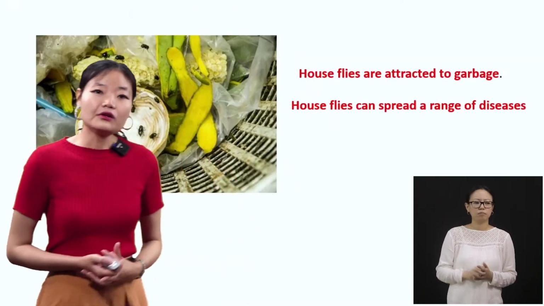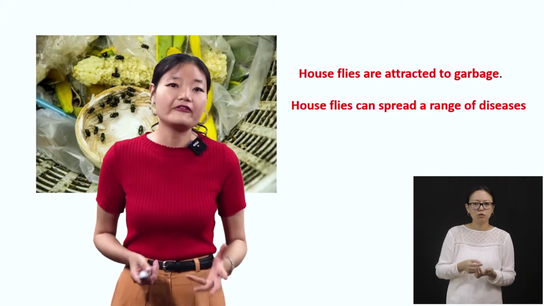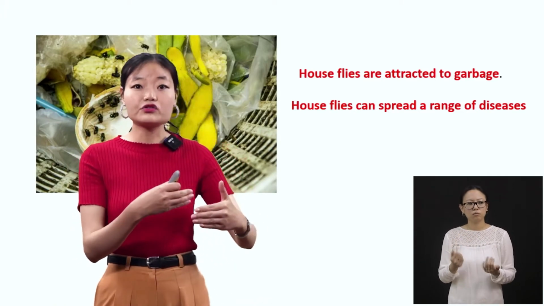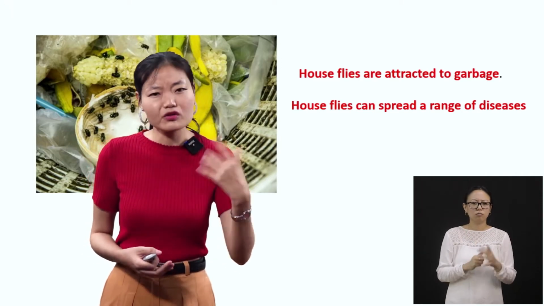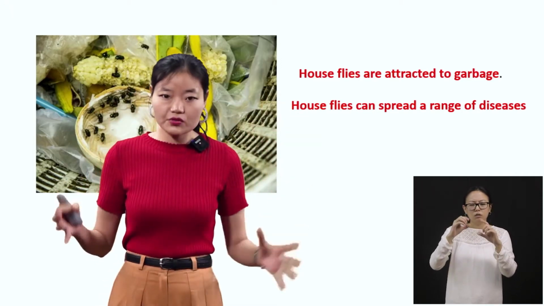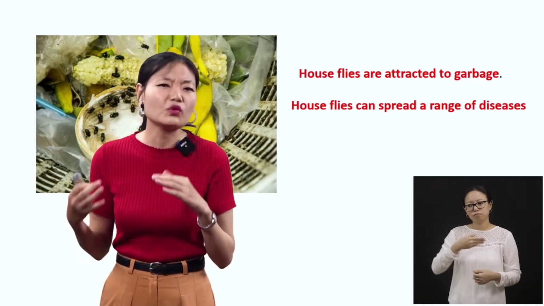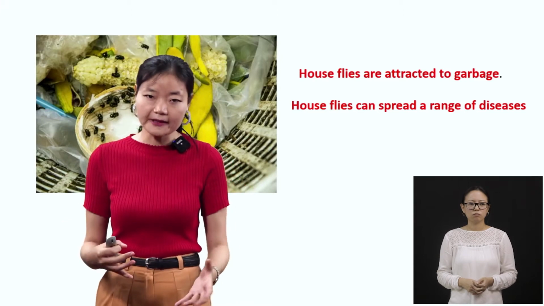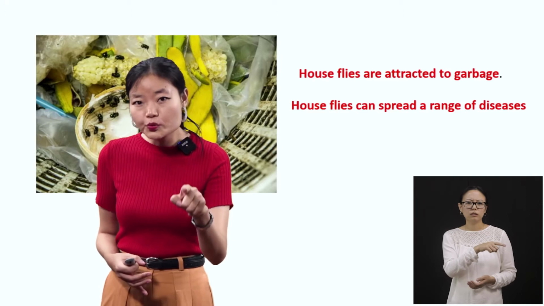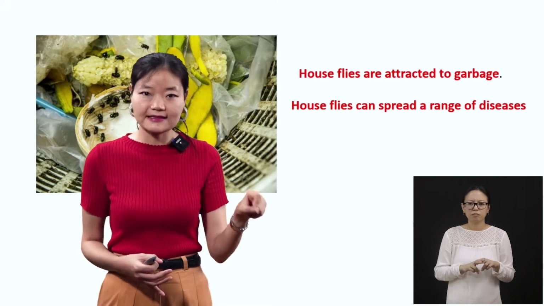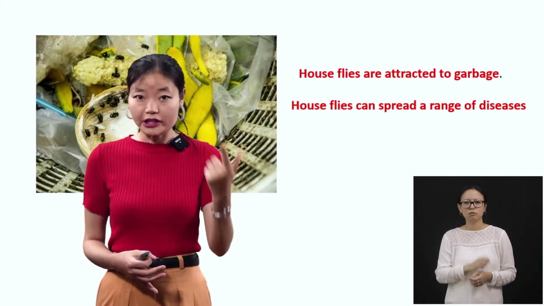Now, another ugly fact about houseflies is that they are very much attracted towards garbage. Garbage means letra. We can also say dustbin. Wherever you see a pile of garbage, you will see lots of flies. That is one ugly fact about the housefly. And this is the reason why the housefly can be a super spreader of different diseases, which is not healthy for humans like you and me.